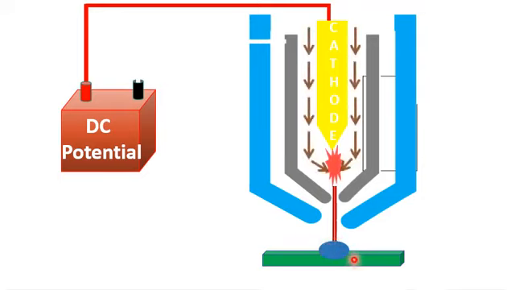Now an interesting point to notice is that when a small region of the cathode is converted into a cathode spot, that spot, due to the high energy given by the arc igniter, will move around the surface of the cathode material.